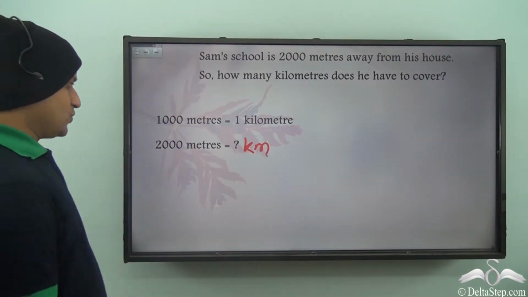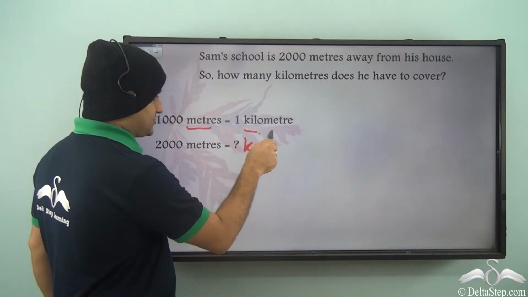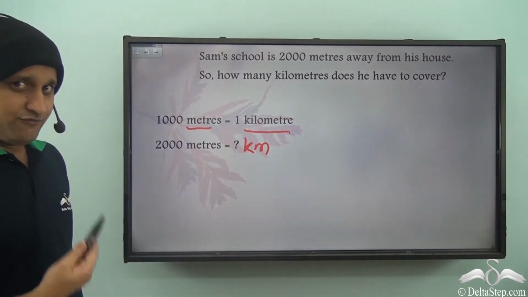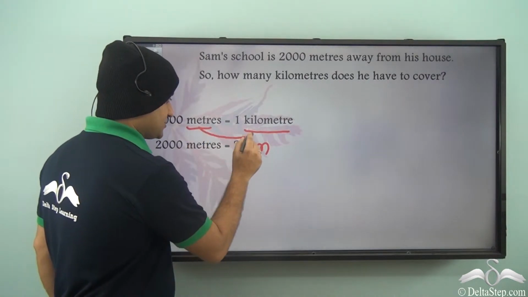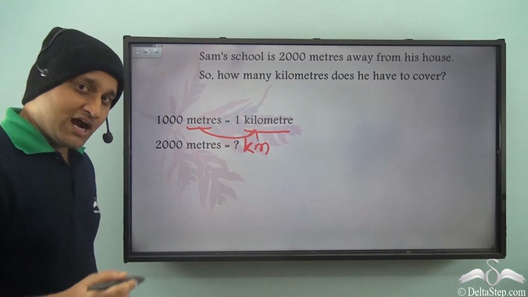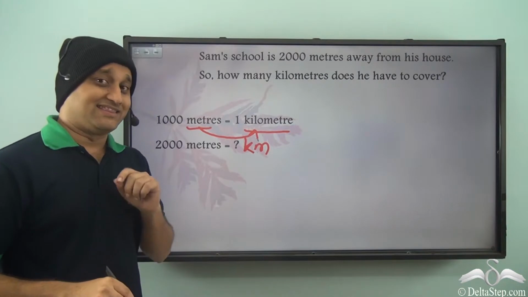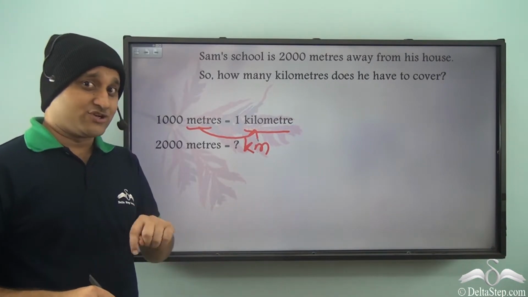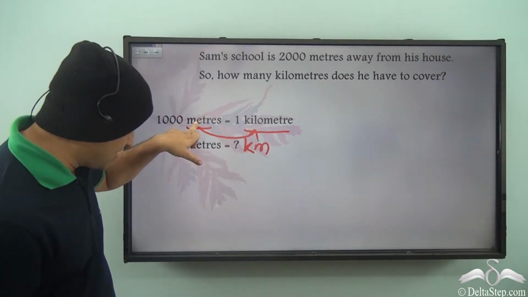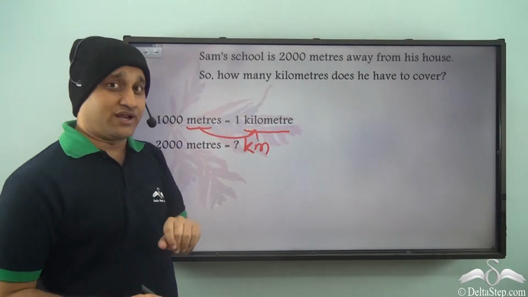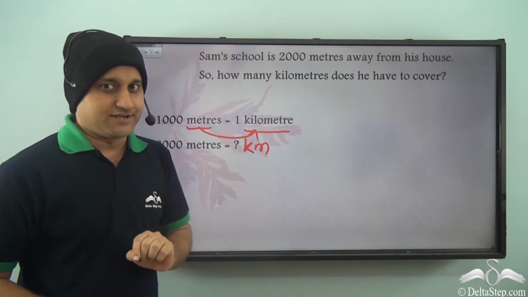Now when we are converting meters to kilometers, it means we are trying to convert from a smaller unit to a larger unit. And that means, according to the trick, we know that when we are converting from a smaller unit to a larger unit, we divide.